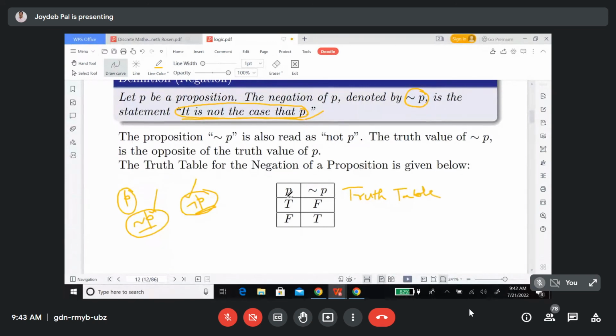P and negation of P, I have written in two columns. If the proposition is true, then its negation's truth value will be false, and if the proposition is false, then the negation of the proposition will be true. Right. If any statement is true, its negation will be false, and if any statement is false, its negation will be true. Simple case. So if we make such a table, it is called the truth table for negation. That is for any P, meaning P can be any proposition, its truth table will be this. Fine.